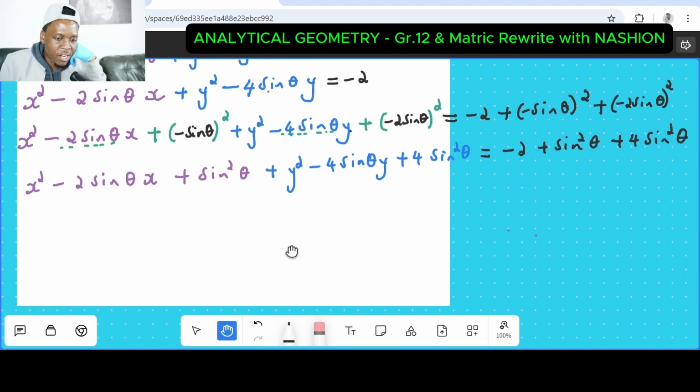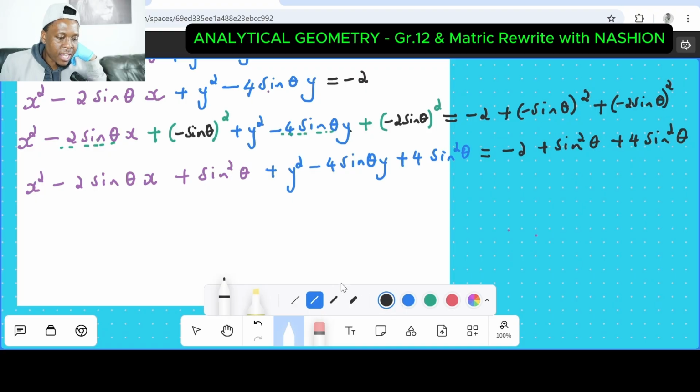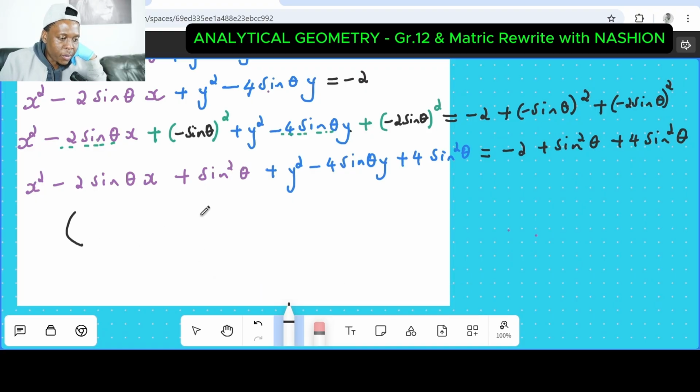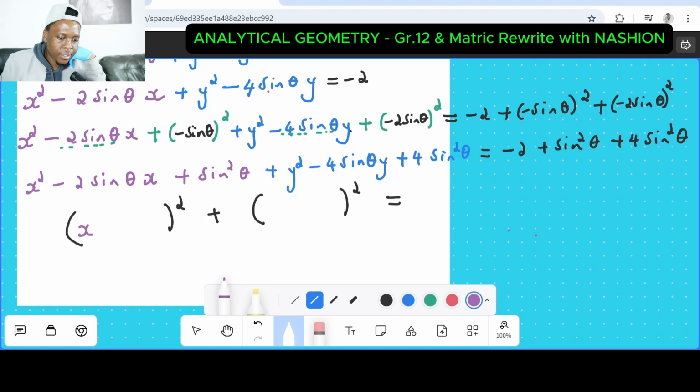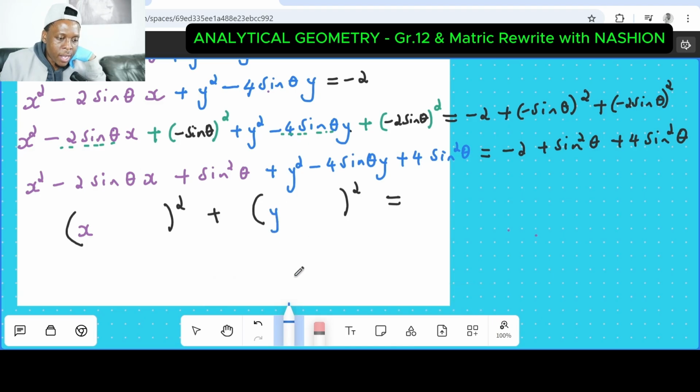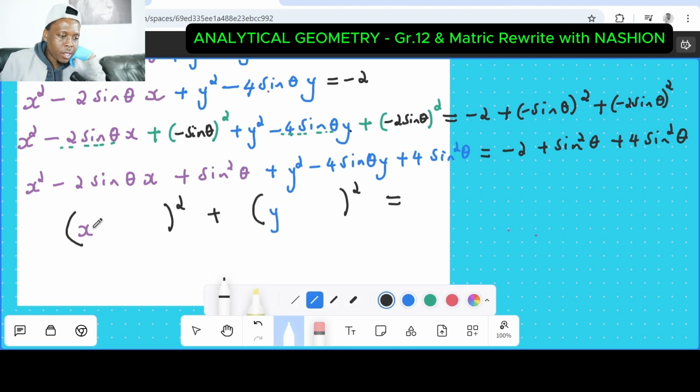Now the standard form of circle center away from origin. We need 2 brackets squared plus another 2 brackets squared is equal to the right hand side. In the first brackets, we need x. Next brackets, we need y. With x here, what are we writing? Let's go back to this step where we added and squared something.